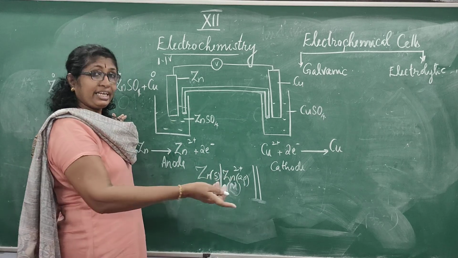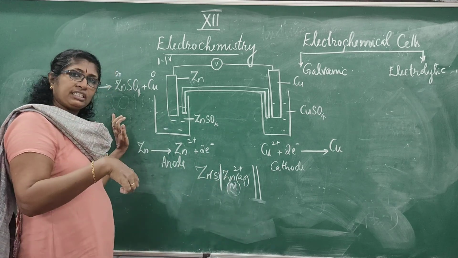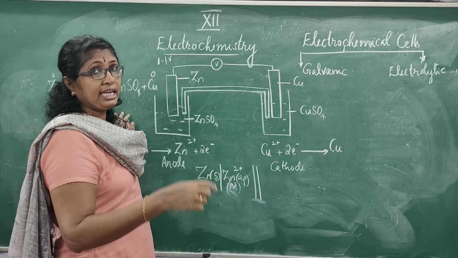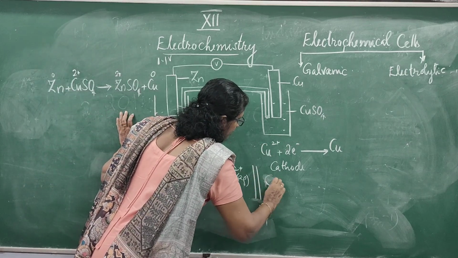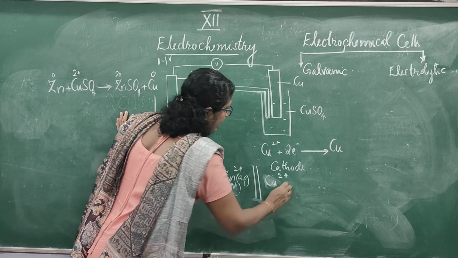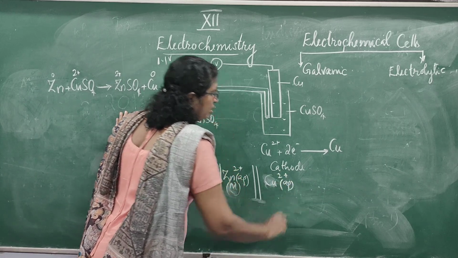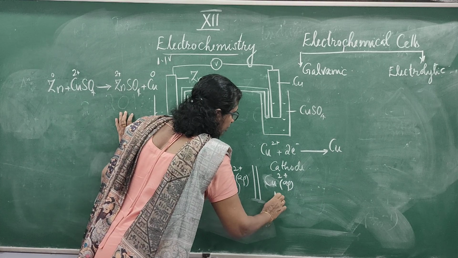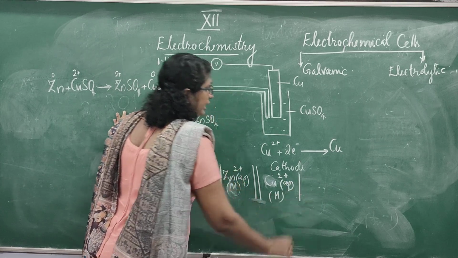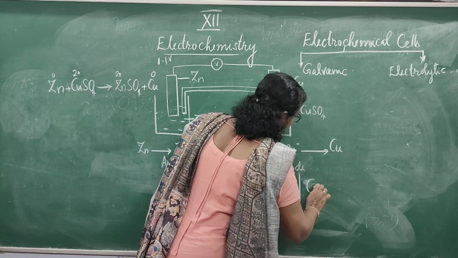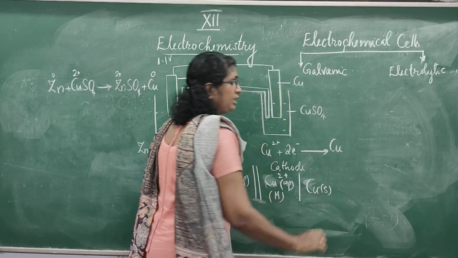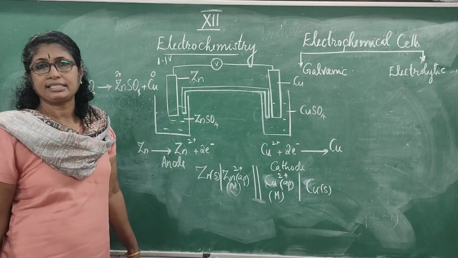Then we will write the reduction half cell. When you are writing the reduction half cell, first write the electrolyte. Which is the electrolyte here? Cu2 plus aqueous solution, and there also you will have to write the concentration. Then you write the electrode. What is the electrode here? Cu solid. So this is how we represent a cell.